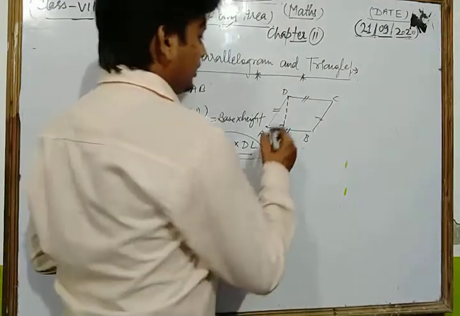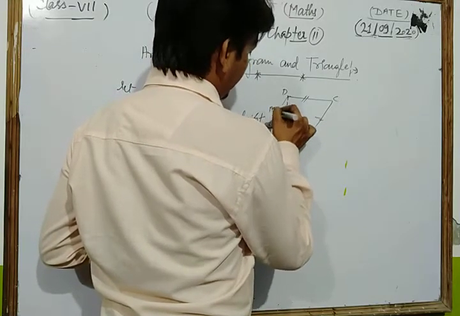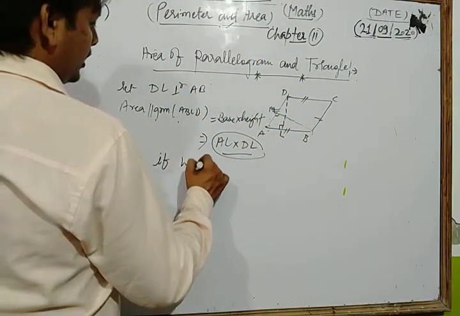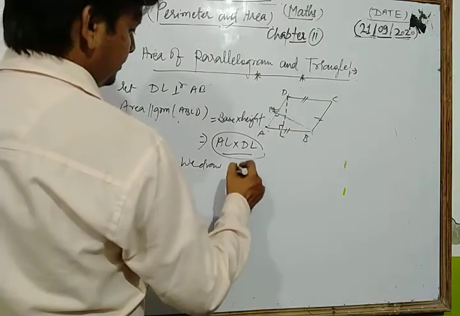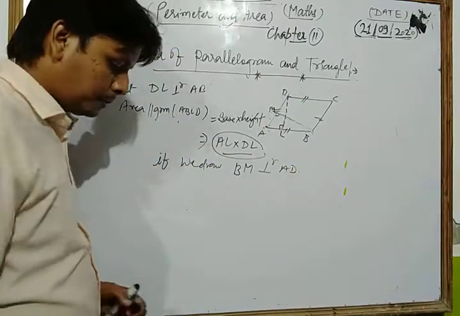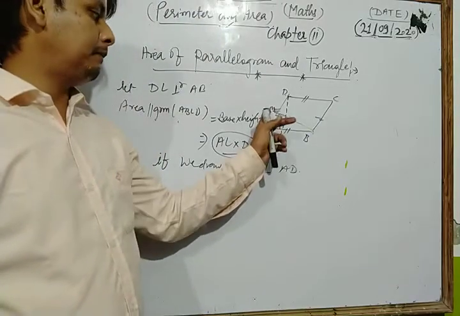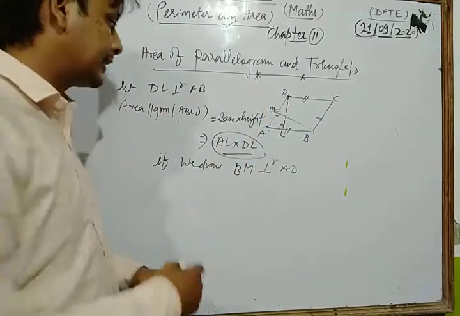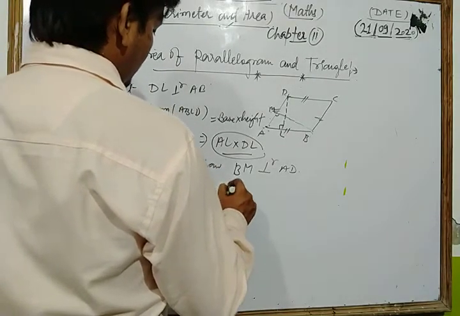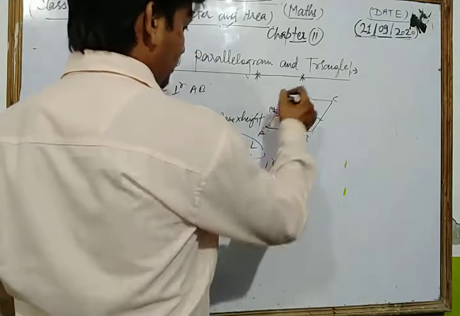Suppose that we draw BM perpendicular to AD. Then in that condition, the area of the parallelogram is base into height.